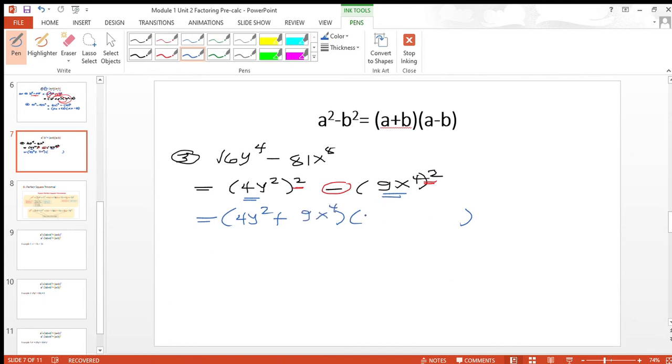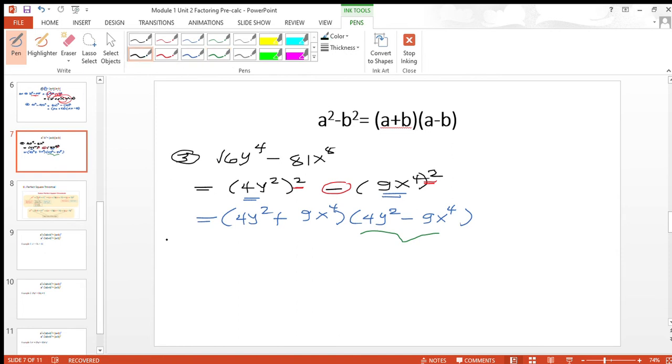And then the second group, we have the first term minus the second term, which is 9x to the fourth. But if you will observe this very closely, for the second factor, we have again a difference of two squares, isn't it? It's a difference of two squares again.